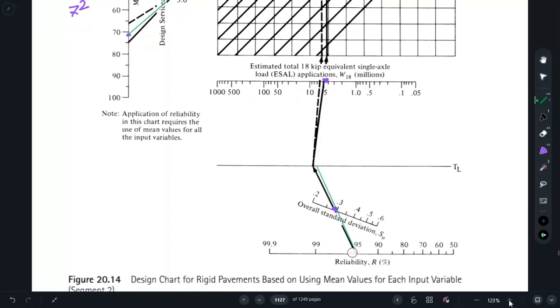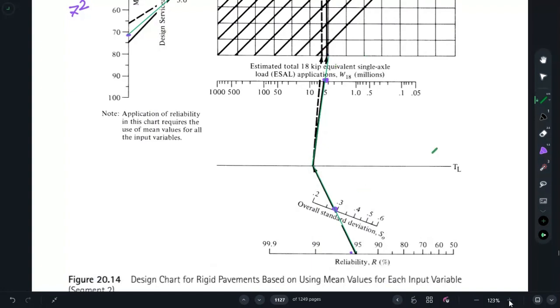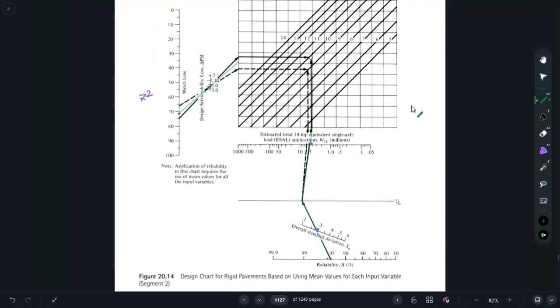We'll connect this point and standard deviation point 3, and from there you have 5.2, up to this 5.2 point, and from there we'll extend two straight lines from both directions, and the intersecting point will tell us the depth of our pavement.